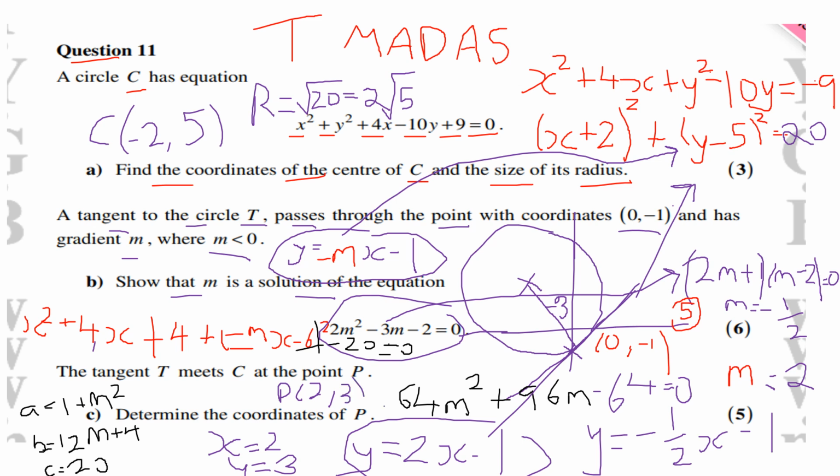Okay, so when we have a half x, so minus 0.5x.